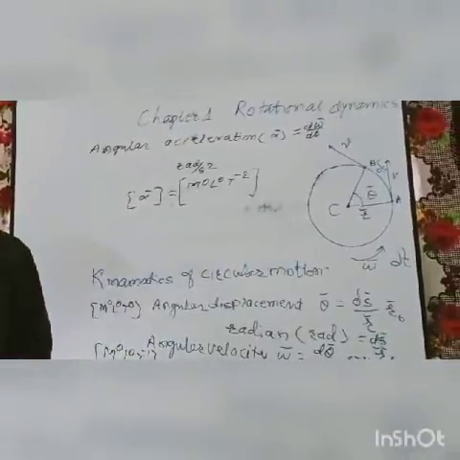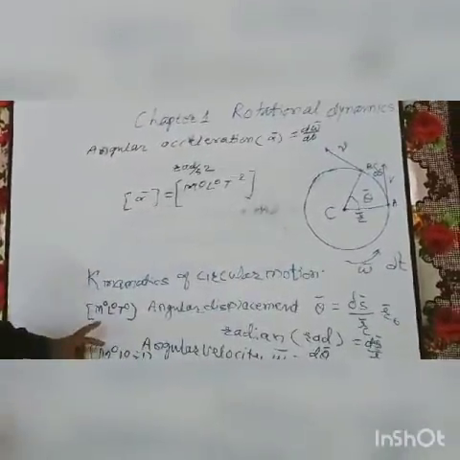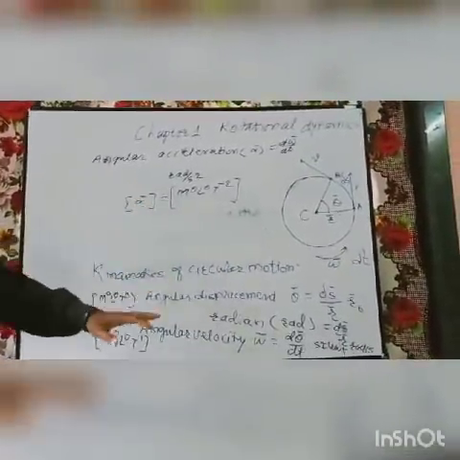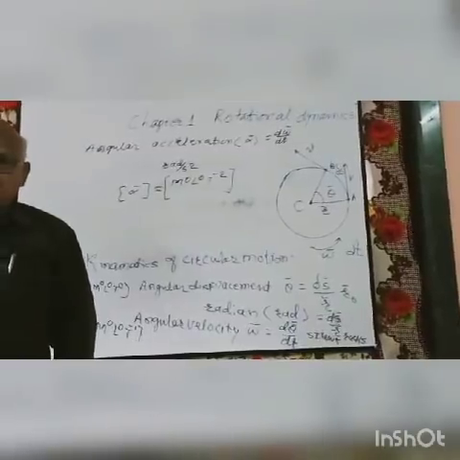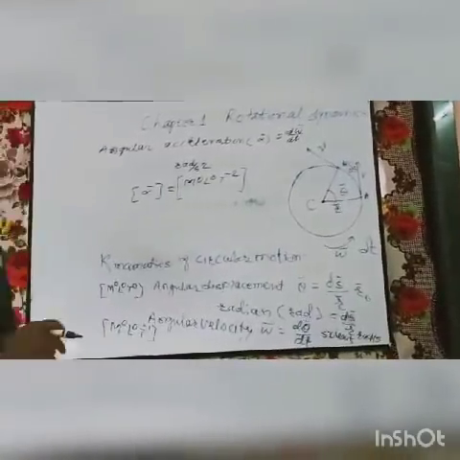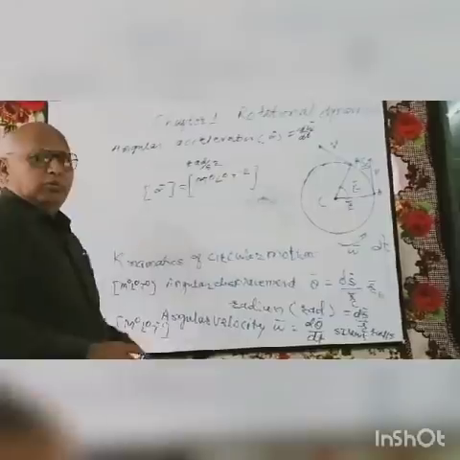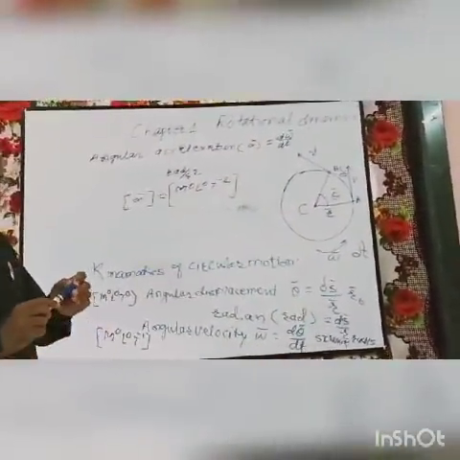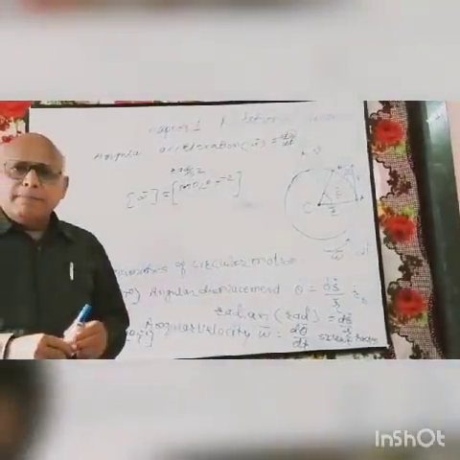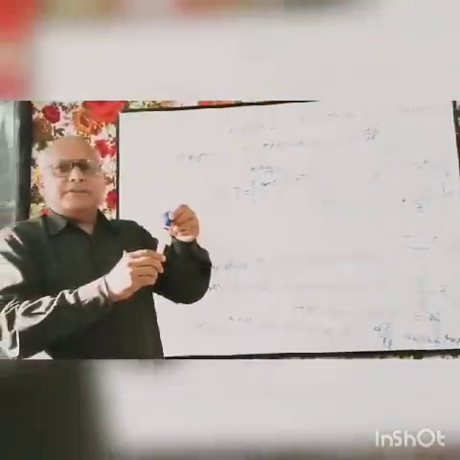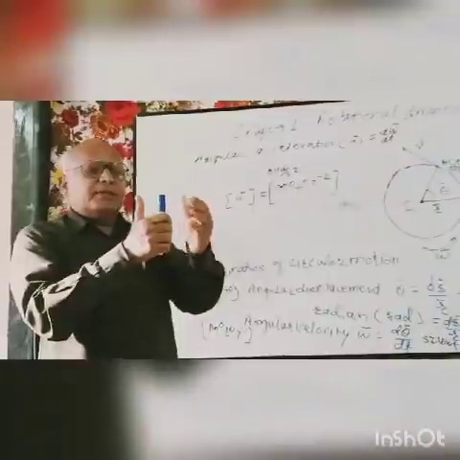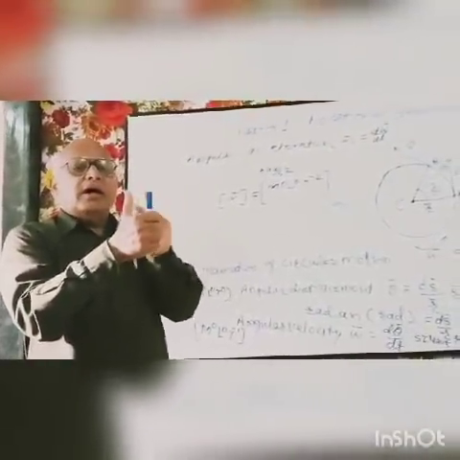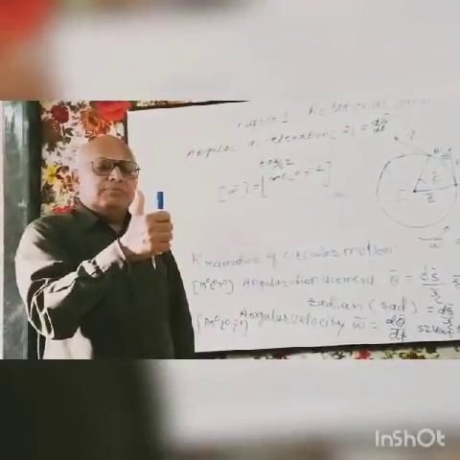Here, the angular displacement, angular velocity, and angular acceleration are all vector quantities. The direction is given by the right hand rule. What is the right hand thumb rule? In 11th standard we have studied it. For example, hold an object in the right hand in such a way that the fingers are curled around the rotating body and the thumb is outstretched.